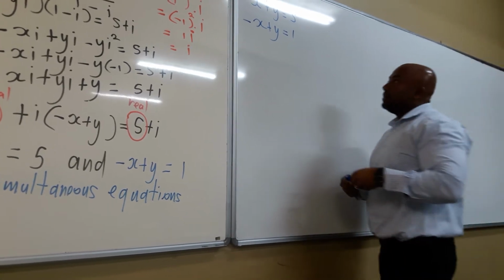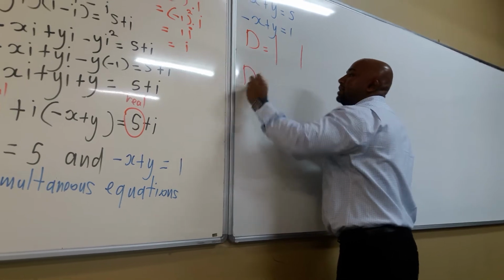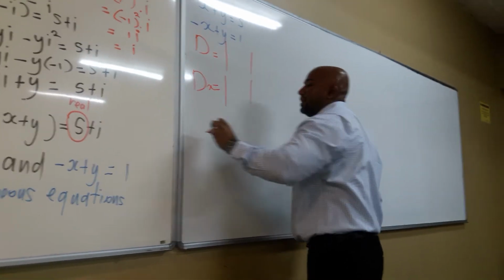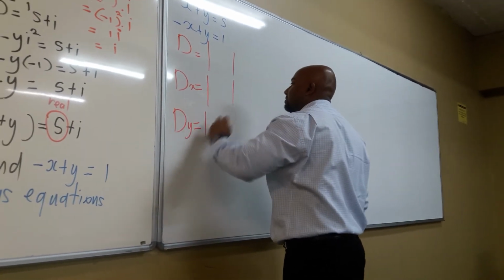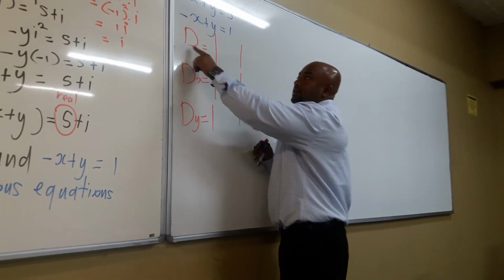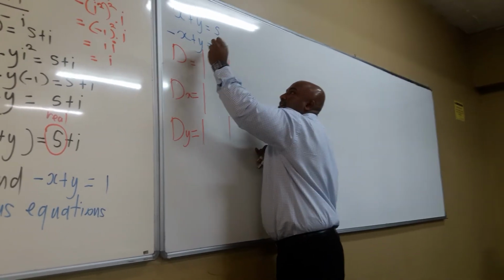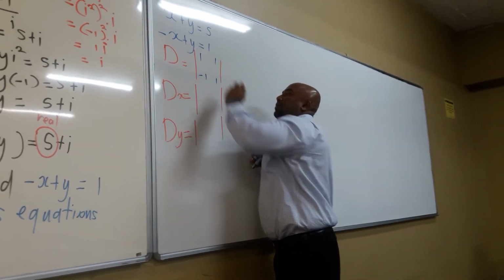So I'm going to work out dx here quickly, and then dy. This can be done very fast. So this is the determinant of coefficients. What are the coefficients of x and y? So that is 1, minus 1, 1 and 1.